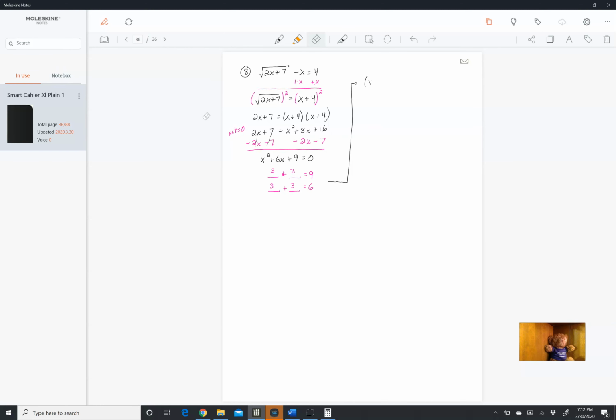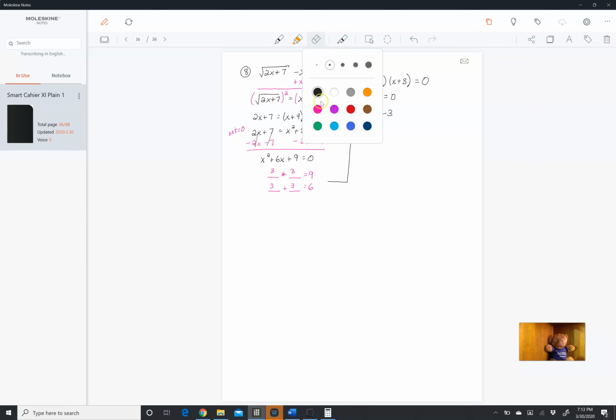So that means that our quadratic is x plus 3 times x plus 3. And that means that we really only have one root here, right? One solution, x equals -3. We don't have to write x plus 3 equals 0 twice. We can just do x equals -3.